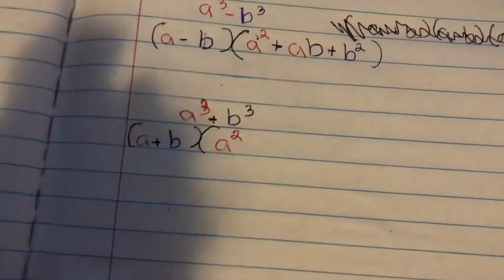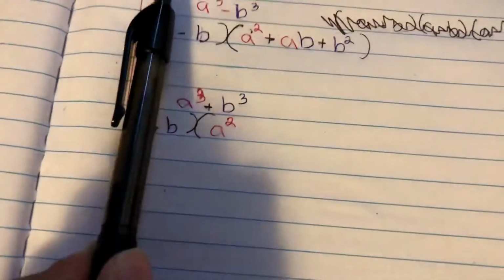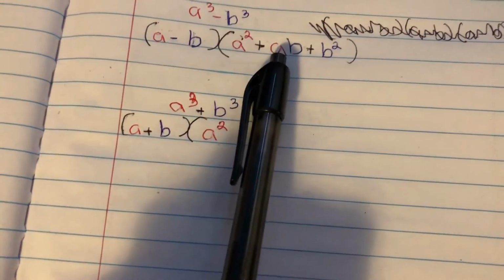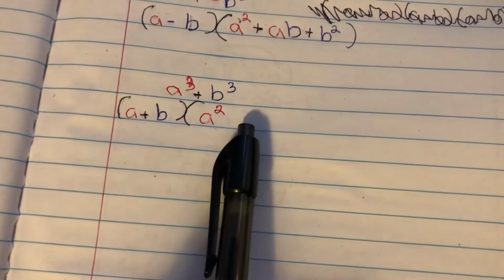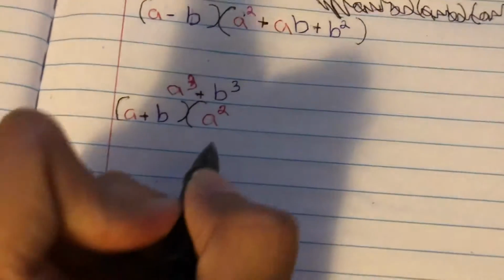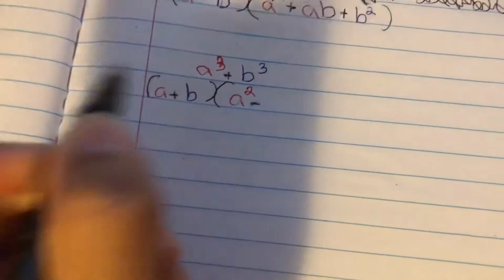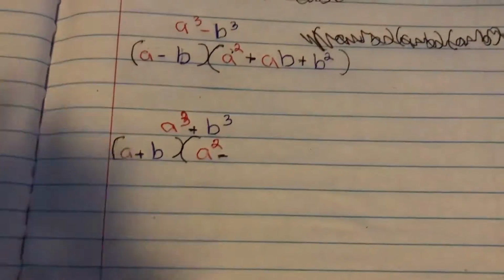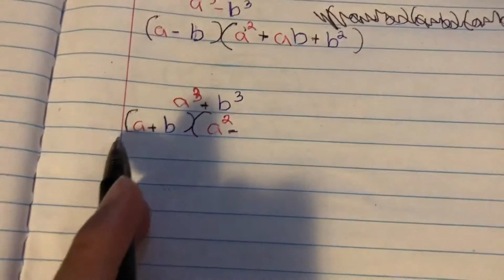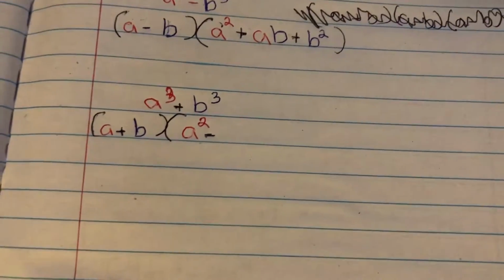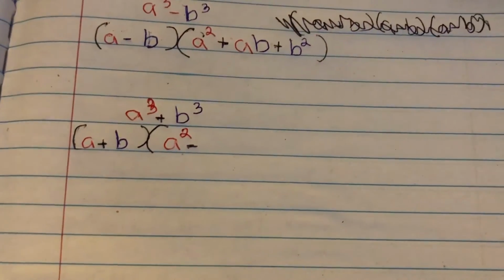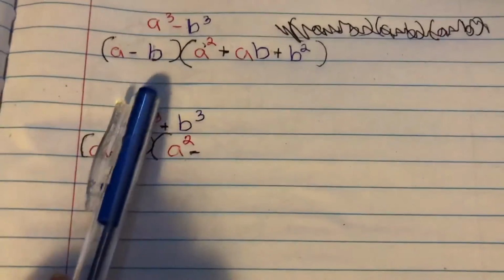Now you say, well, if we flip the sign on this one, are we gonna flip the sign on this one too? Yeah, we're gonna flip the sign on this one too. So if that was negative, this is positive, this is positive, this is negative. That's the only magic that we do, and that's the hardest part to remember, is just remembering to flip the signs for the middle one.